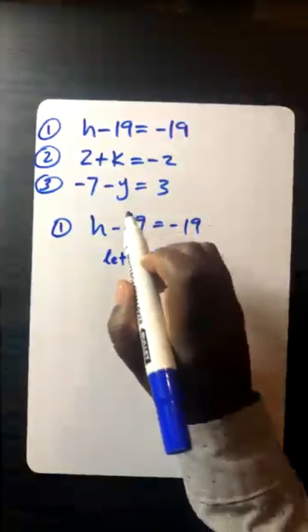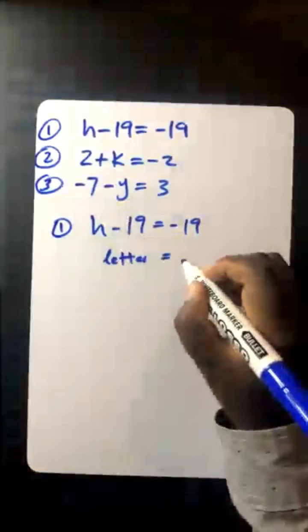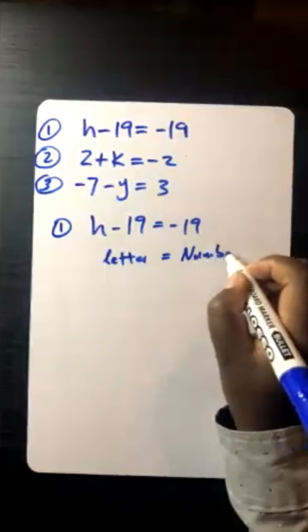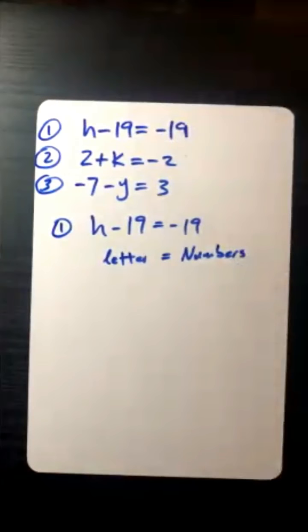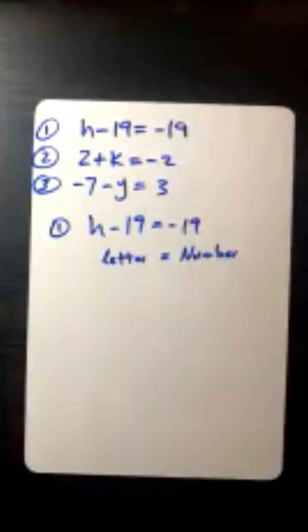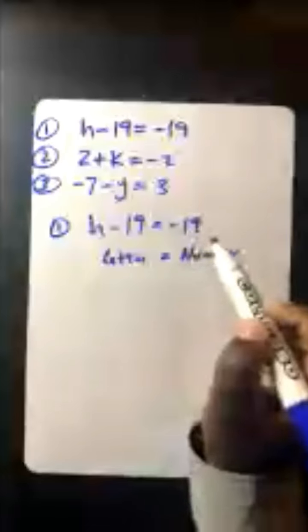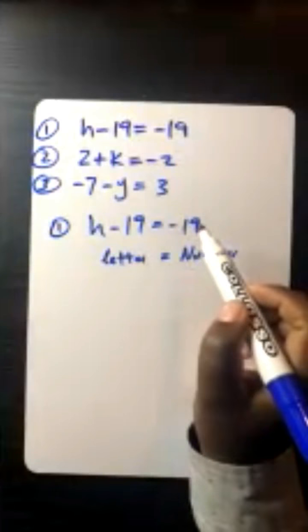Let's just say you want to have a letter on the left and equal to, then you want to have numbers on the right, isn't it? Numbers or just a number. Do you agree with me on that one? Yes, sir. Okay, 100%. So now you obviously need to transpose, isn't it?